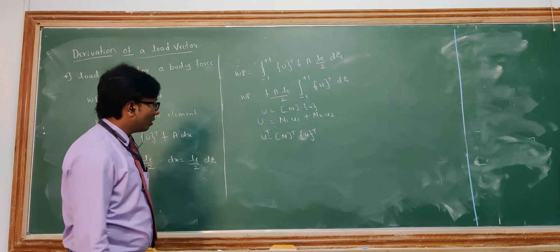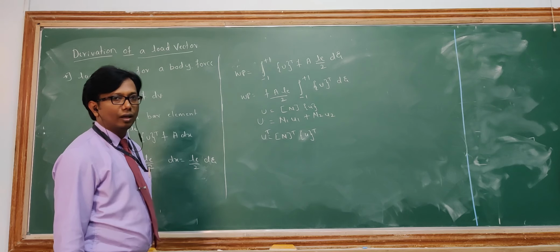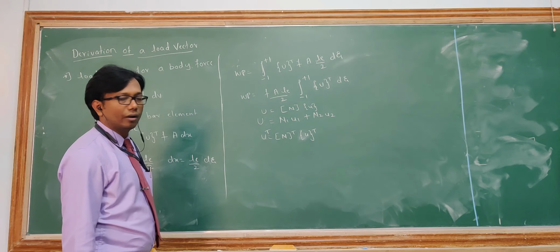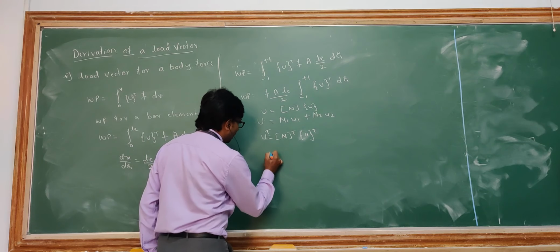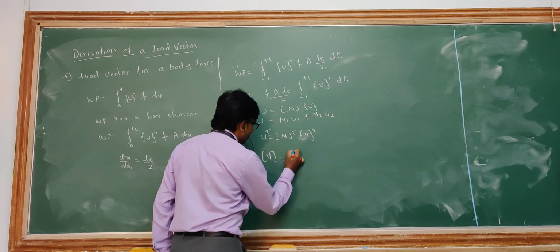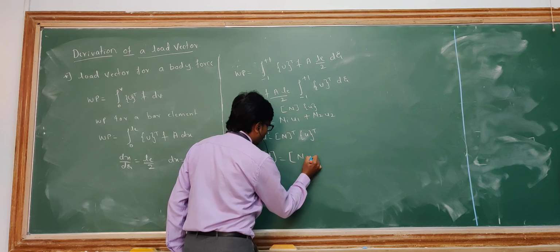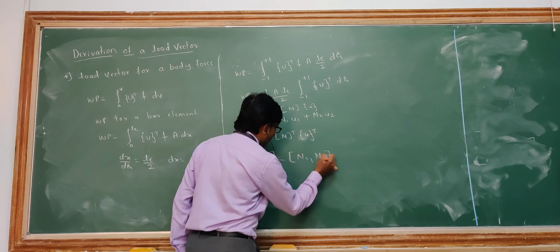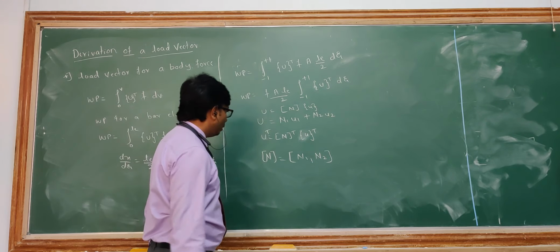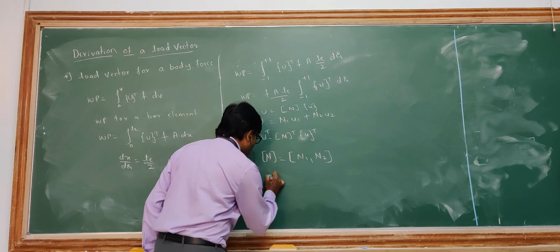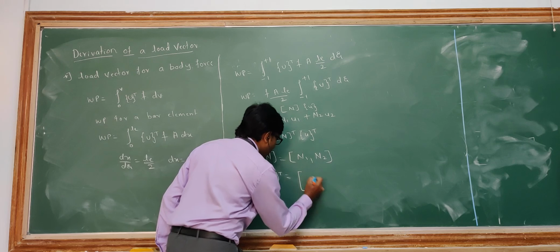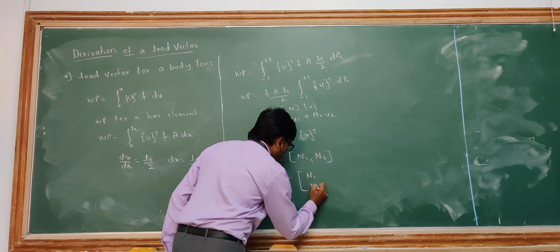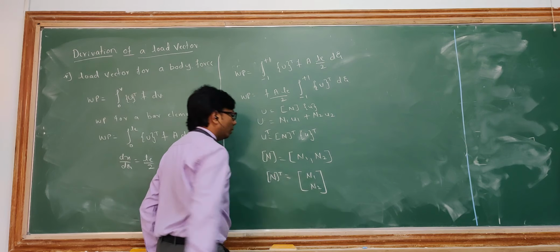We have already derived the shape functions in the natural coordinate environment. So N is given as N1, N2. If I want to write N transpose, it becomes N1, N2 in a column matrix.